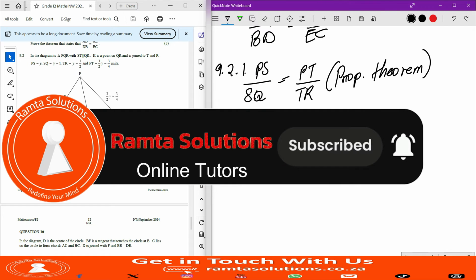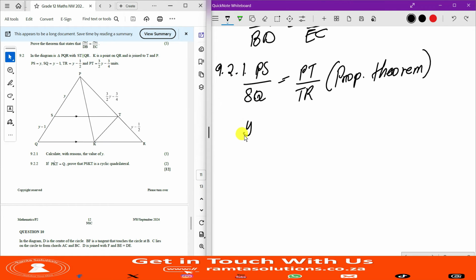So let's see. What is PS? It is y units. SQ is y minus 1 unit. PT is 3y over 2 minus 3 over 4. And TR is y minus half.